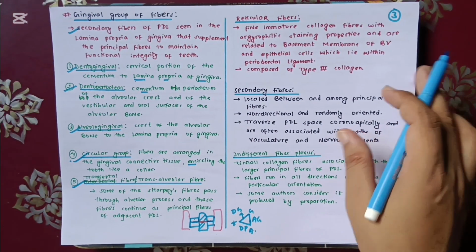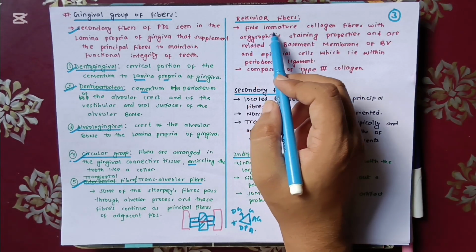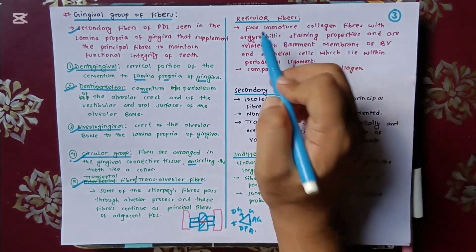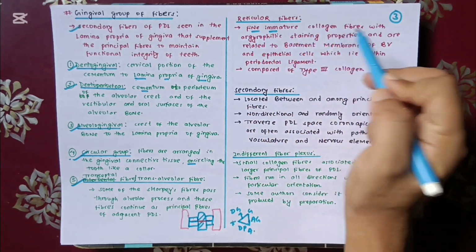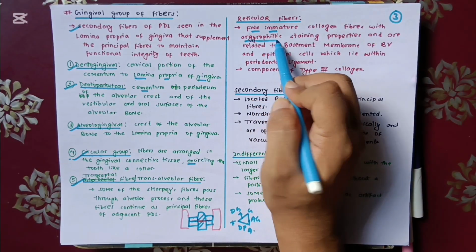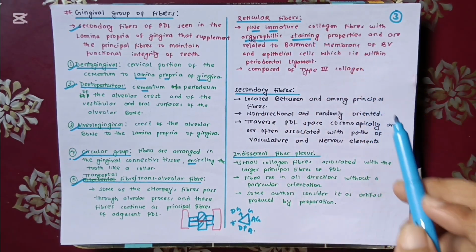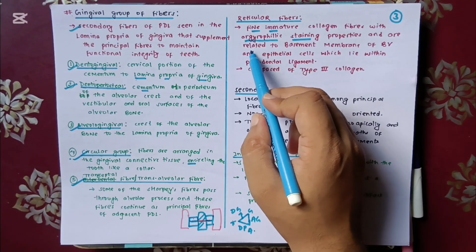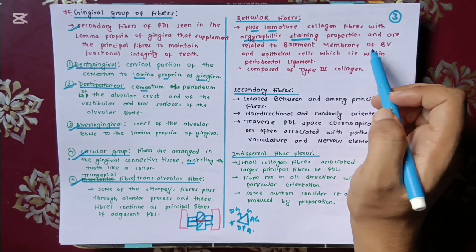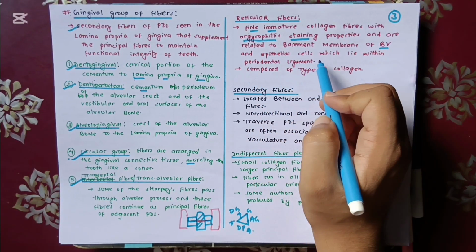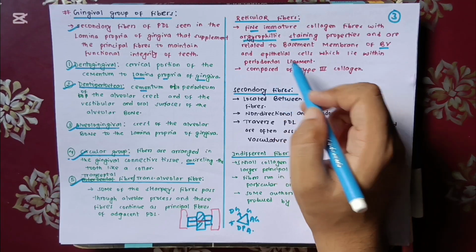These reticular fibers are fine immature collagen fibers with argyrophilic staining properties. This is important here. They are related to the basement membrane of the blood vessels and the epithelial cells which lie within the periodontal ligament. Reticular fibers means immature collagen fibers that are argyrophilically stained.